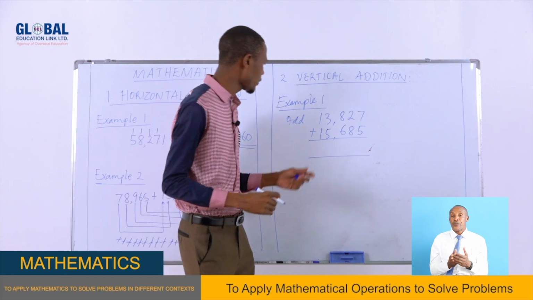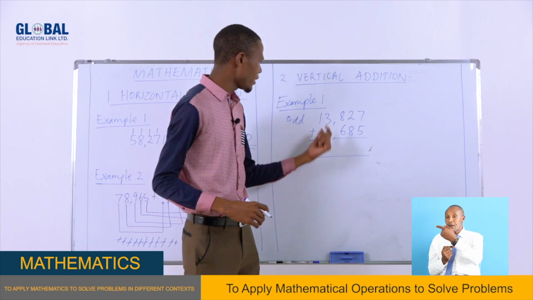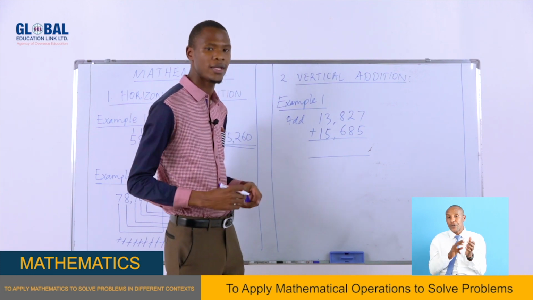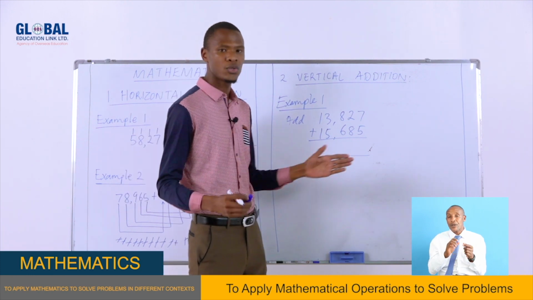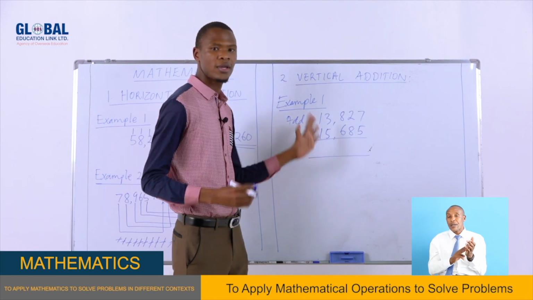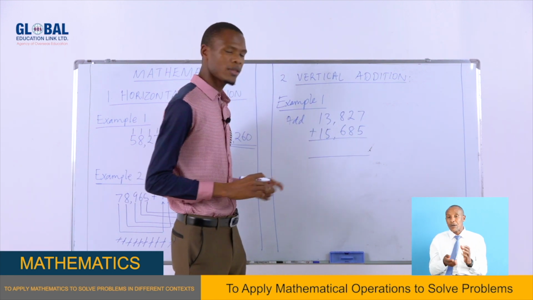Now, this is our question, 13,827 plus 15,685. As normal, we need to start with ones, tens, hundreds, thousands, as well as 10,000s.